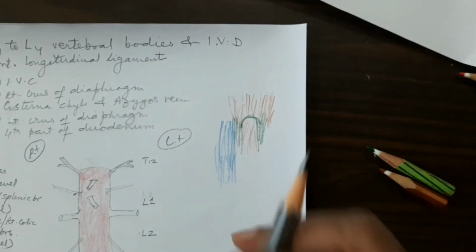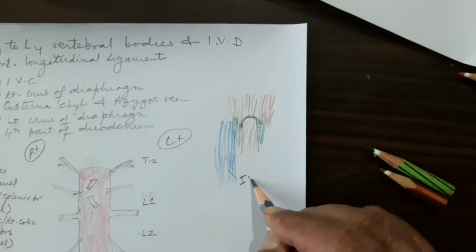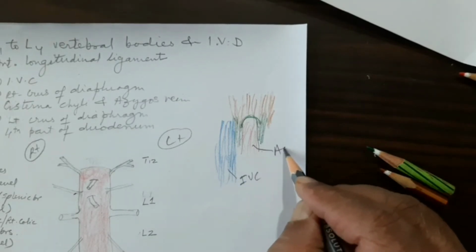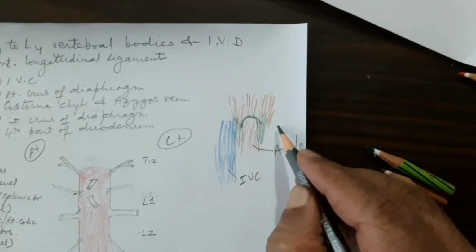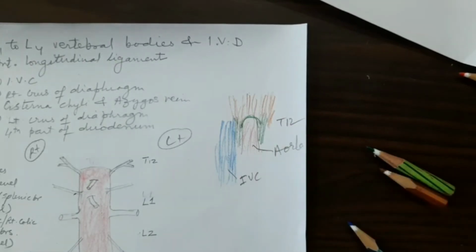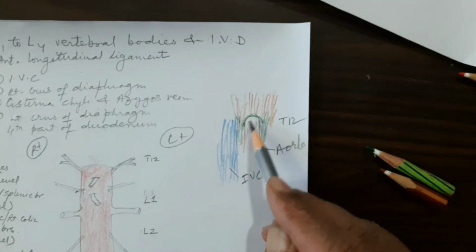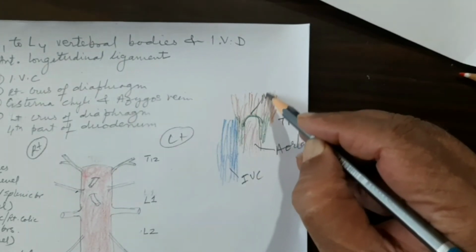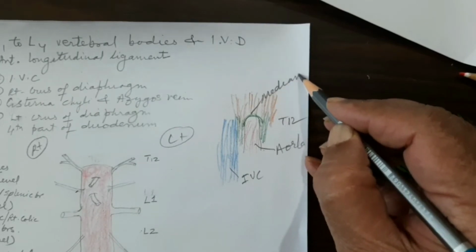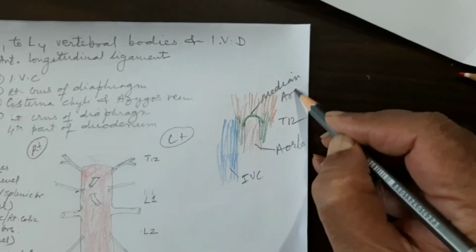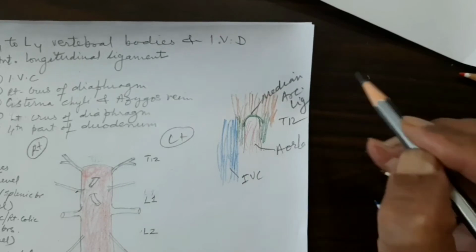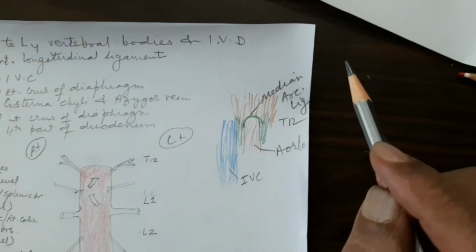So here is the inferior vena cava. This is the aorta, and this is the level of T12 vertebra, where it is coming out deep to the median arcuate ligament. So this is the median arcuate ligament.